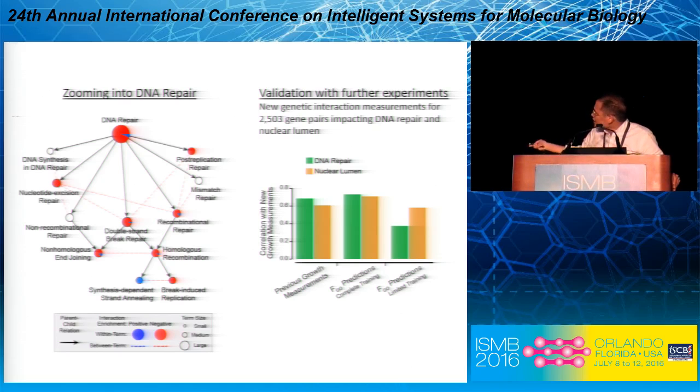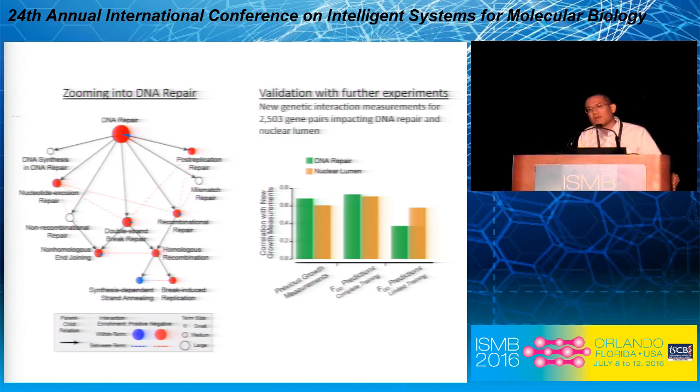However, when we take our model that was trained on the previous data and make new predictions for this new data set, we find that the correlation is actually a little higher.